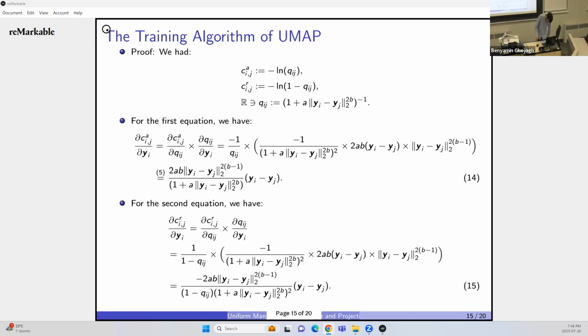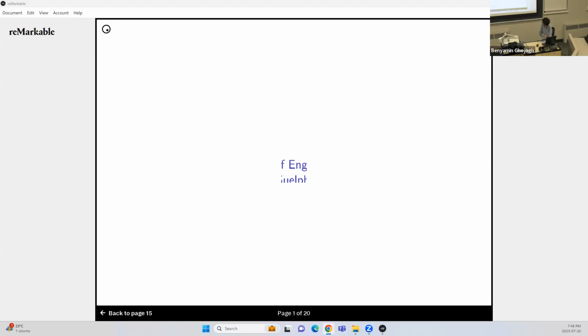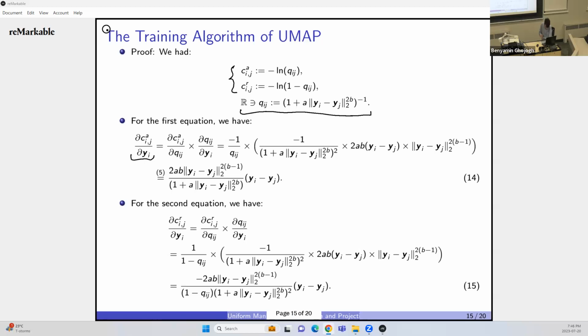So let's prove that. Well, what did we have? We had these two attractive and repulsive forces, and we also had these Qij, right? This is the probability of neighborhood in the embedded space. Now, for the first equation, which was the derivative of the attractive force with respect to yi, we can use the chain rule.